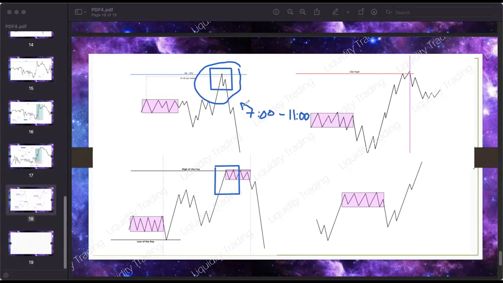So if, let's say, you would have the market up here reacting to an order block at 7 o'clock and 11 o'clock, then you could anticipate that the market will react here and give an opportunity to take a short, because it would be within 7 o'clock and 11 o'clock.